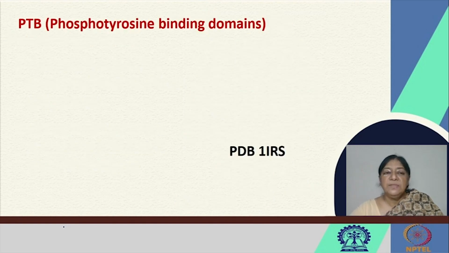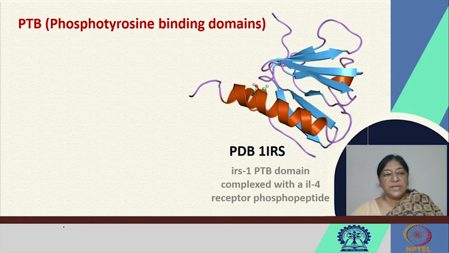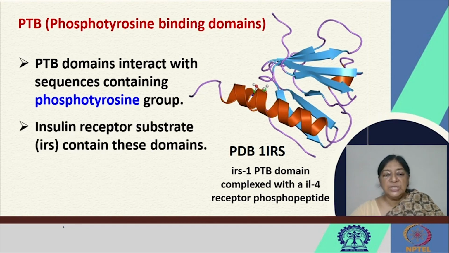If we look at other phosphotyrosine binding domains, the importance of these domains lies in their geometry, in their overall structure, and in the residues that are required for the specific recognition. The PTB domains interact with sequences again that contain the phosphotyrosine group. One such is the insulin receptor substrate, the IRS, that contains these domains.